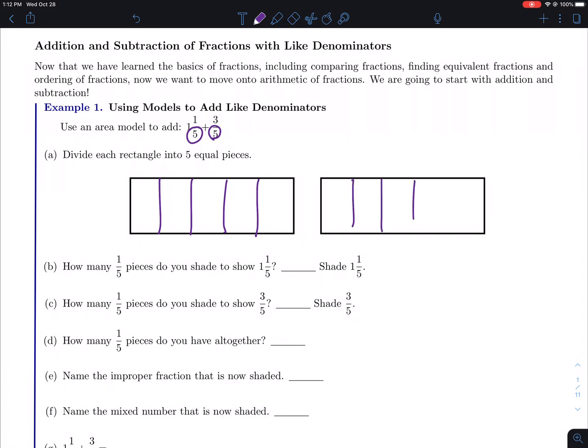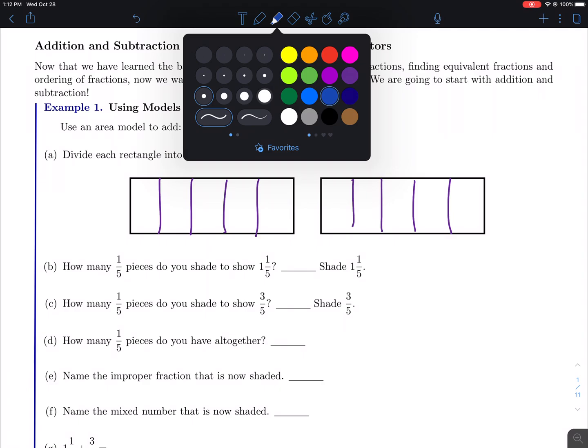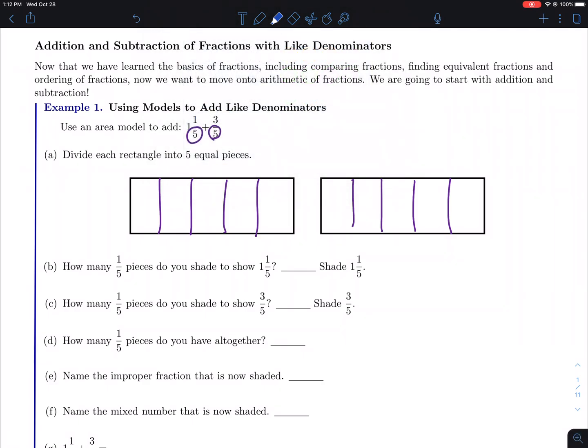1, 2, 3, 4. Then how many 1/5 pieces do I have to shade to show 1 1/5? Remember, the whole number 1 means that we're going to shade everything in this case. So I'll use blue to represent 1 1/5. That means we need 1 whole, which is going to be this whole entire rectangle.